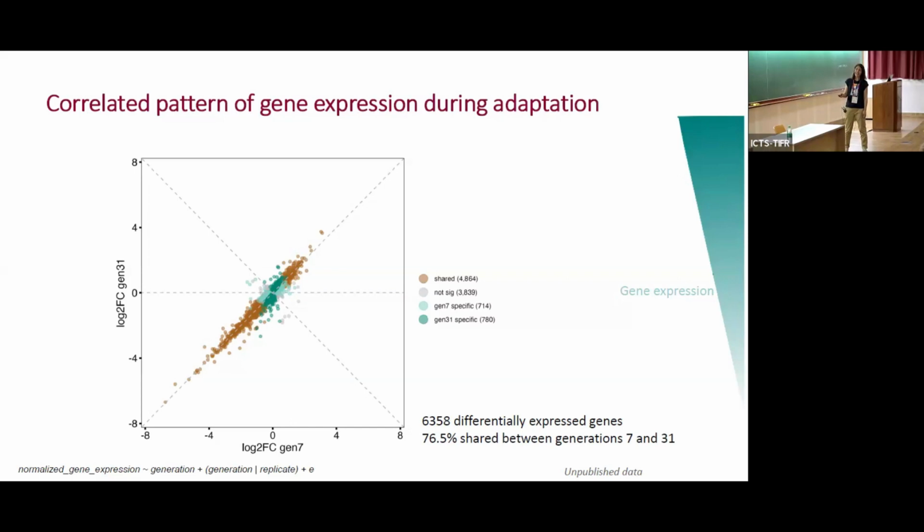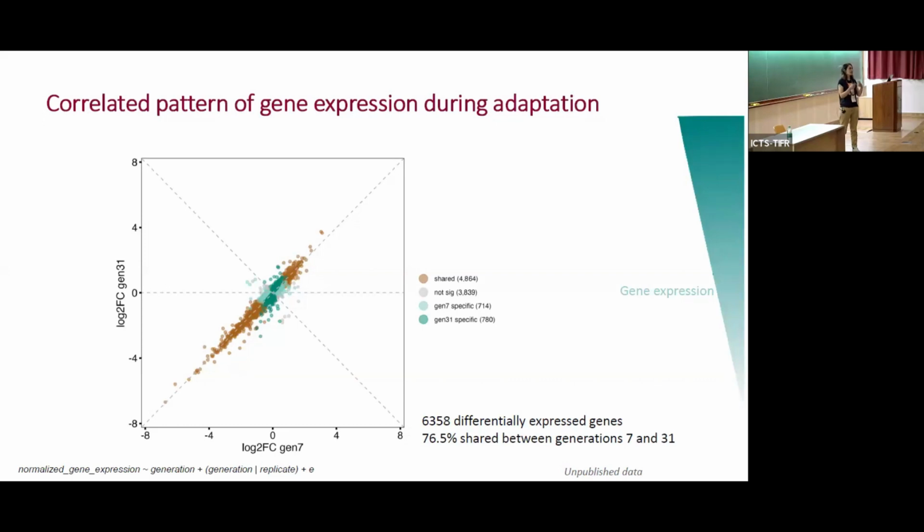On the x-axis, we have the log-2 fold change of genes at generation 7 compared to the founder population. And the y-axis is the log-2 fold change of genes at generation 31 compared to the founder population. Whatever you see along this diagonal, colored in brown or beige, are the ones that are shared in these two time points, in the genes and the magnitude and direction of their expression.